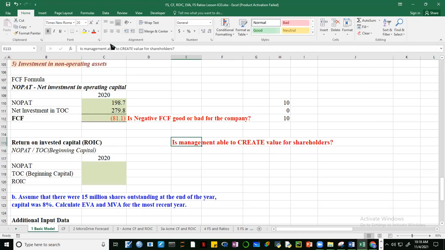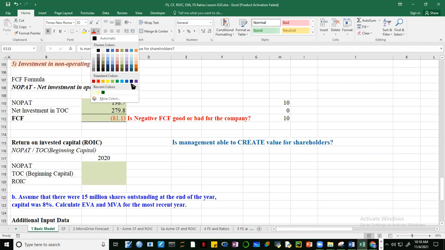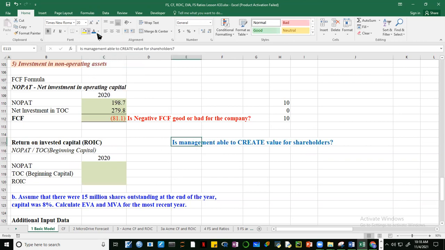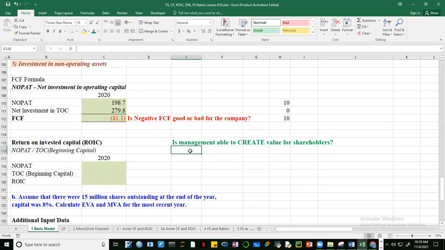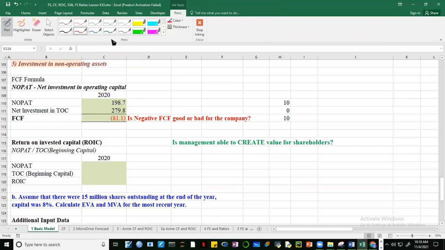There are some metrics that we can use to answer this question. One metric, guys, is ROIC, return on invested capital. Another metric is MVA, and another metric is EVA. So these three measures, guys, we're going to discuss now, in order to answer this question: is management able to create value for the shareholders based on the financial statements?